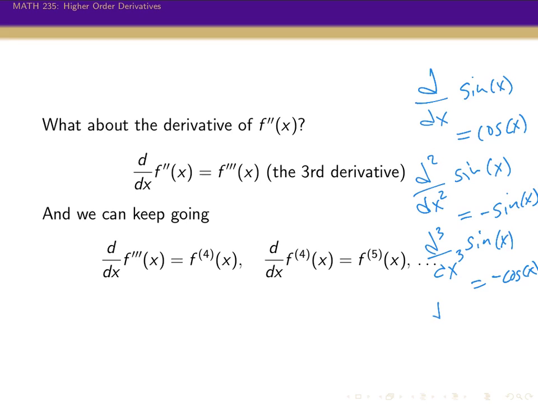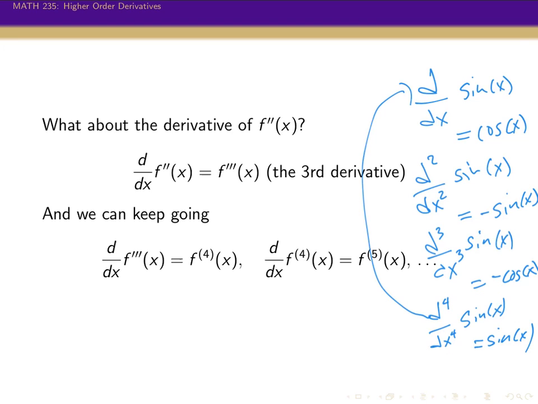And then when you take the fourth derivative, you're taking the derivative of minus cosine, and the derivative of cosine is minus sine, and then give another minus sign, and you're right back at sine. And this loop starts all over again. So for sine and cosine, taking multiple derivatives, you just start cycling through the same functions over and over again.